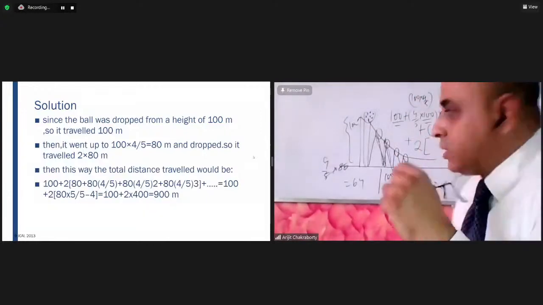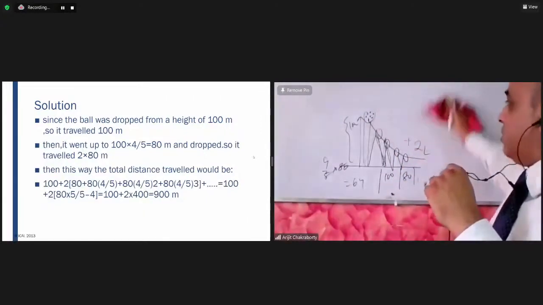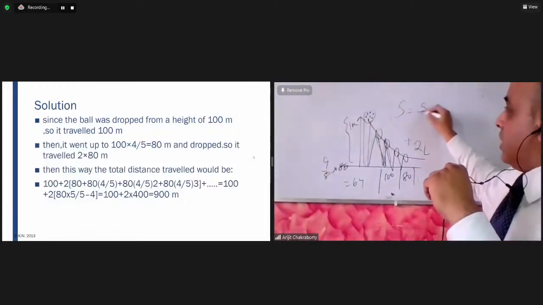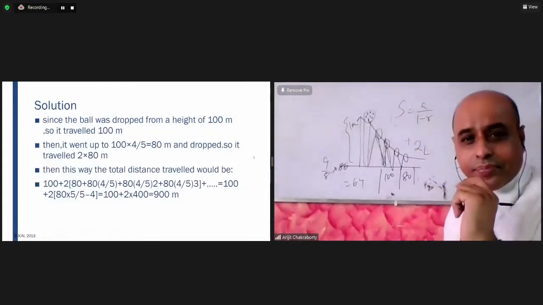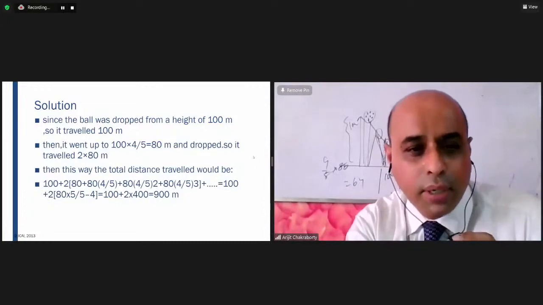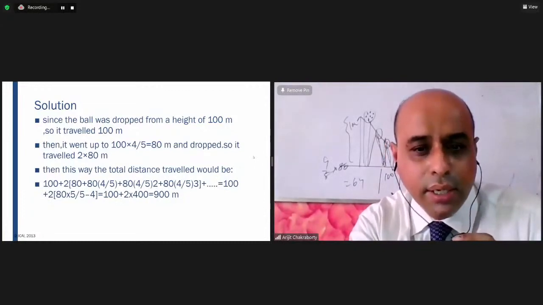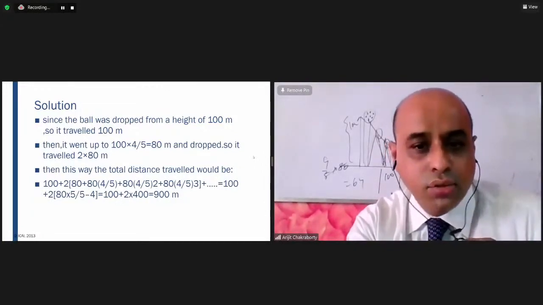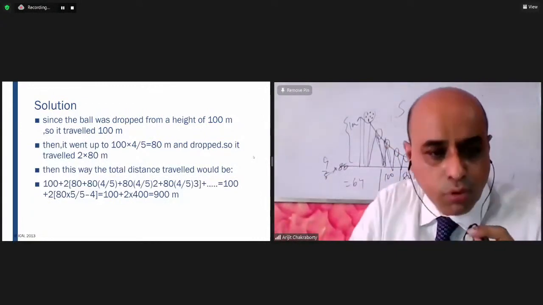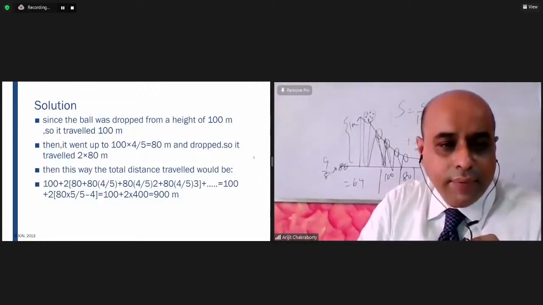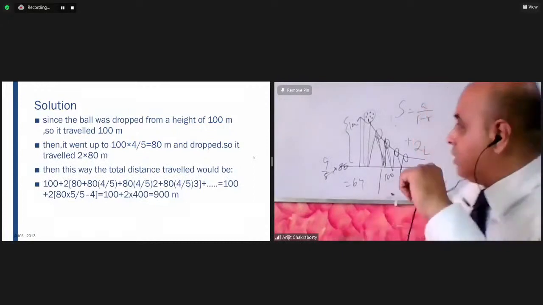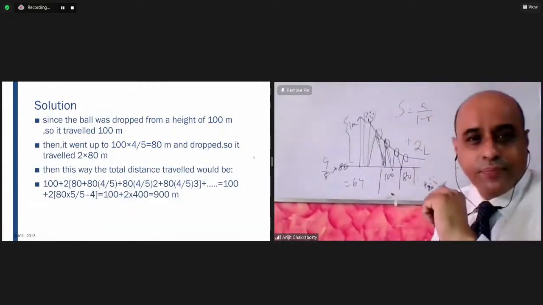In the infinite GP series, we know that the sum is given by A divided by 1 minus R. If you look at the second part of the expression which is given, 100 plus 2 into 80 plus 80 into 4/5 plus 80 into 4/5 square plus 80 into 4/5 cube, in this way, since it is moving, here A is 80.